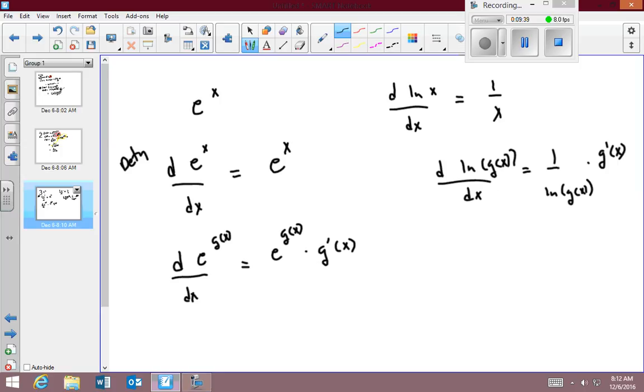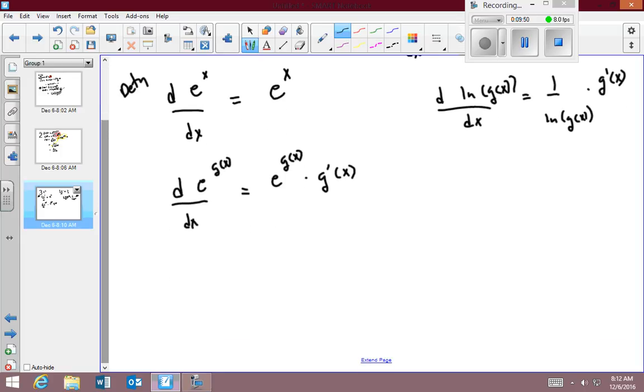And then there are interpretations there on page 357. Then there's one more derivative: if you do the derivative of e to the ax, dx, it is a times e to the ax.